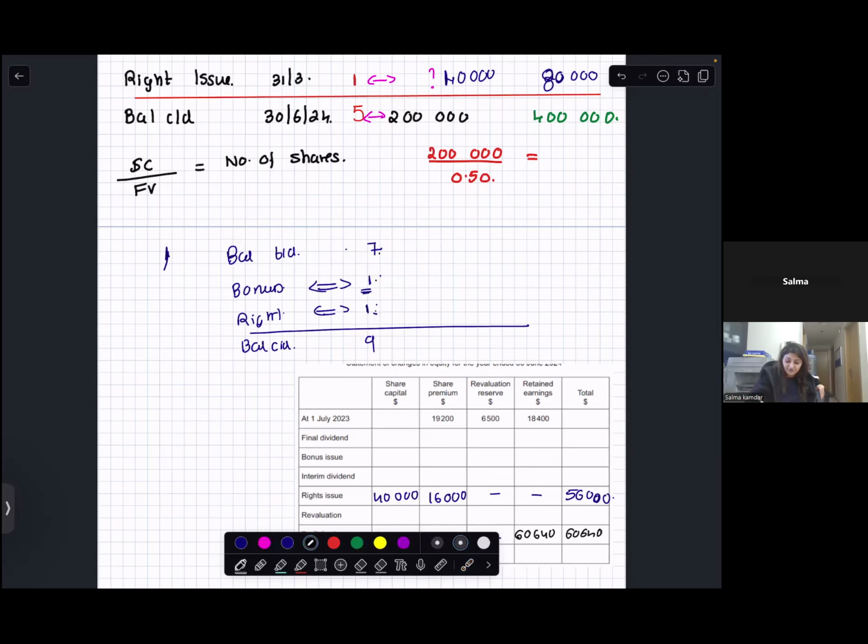Now if I say this 9 represents 200,000 in dollar value, what would the 7 represent? Check. 200,000 into 7 divided by 9.